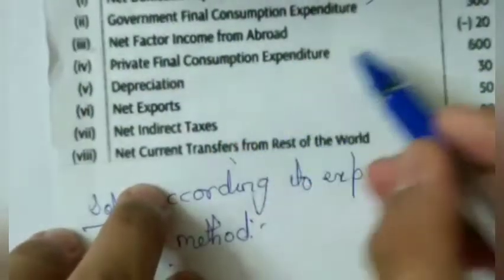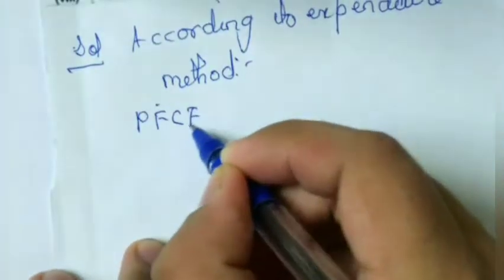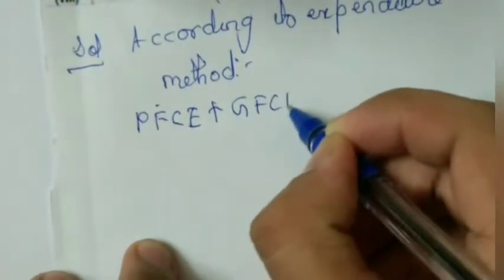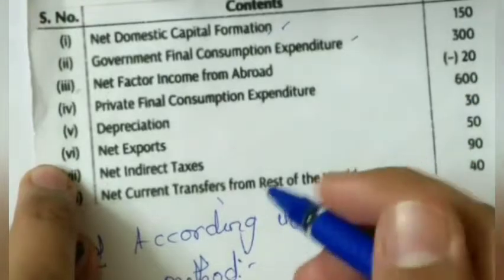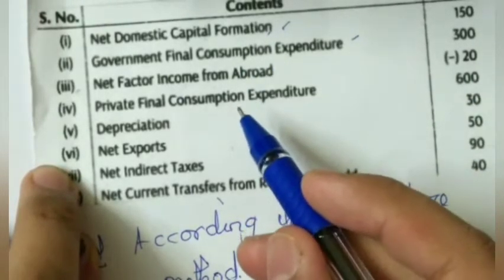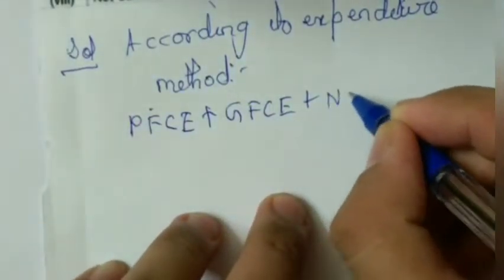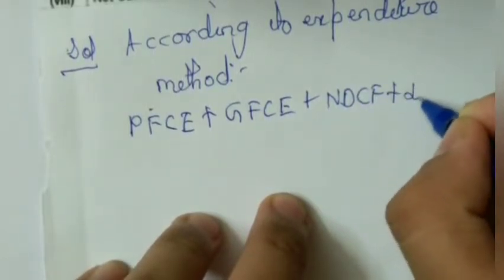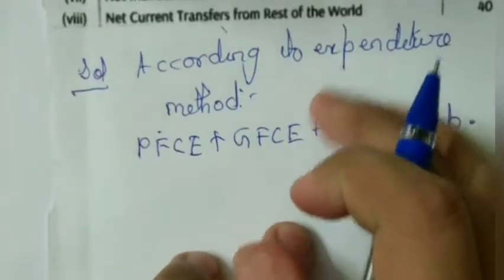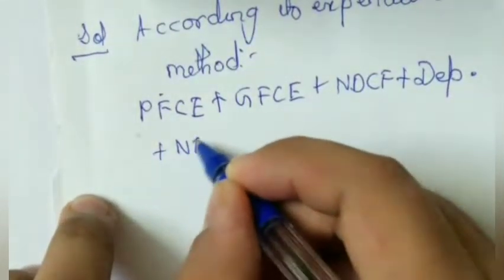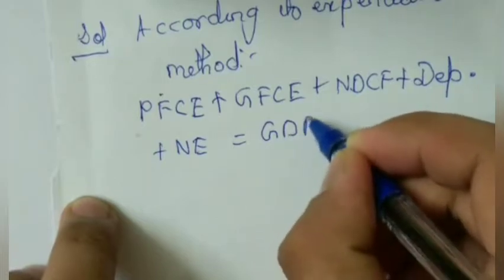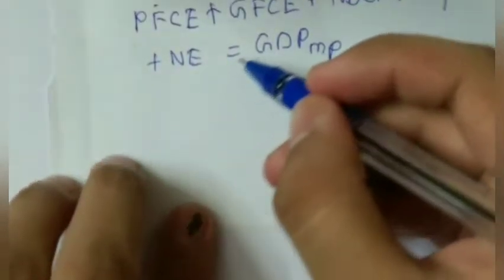Here we have private final consumption expenditure, PFCE, and we also have government final consumption expenditure plus net domestic capital formation plus depreciation will give gross domestic capital formation, plus net exports is equal to GDP MP.